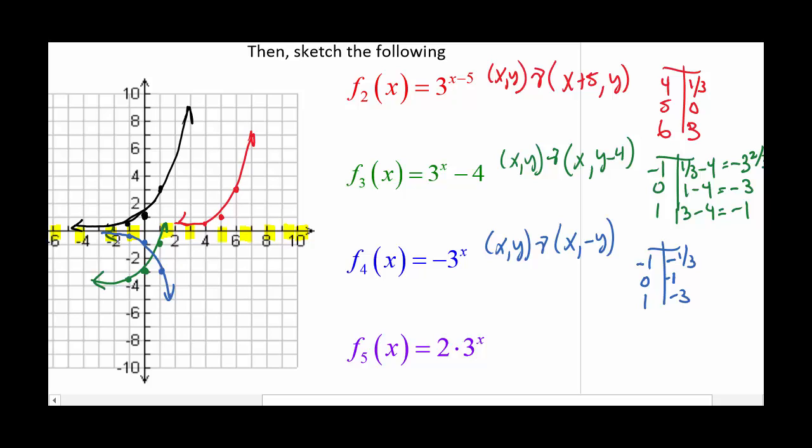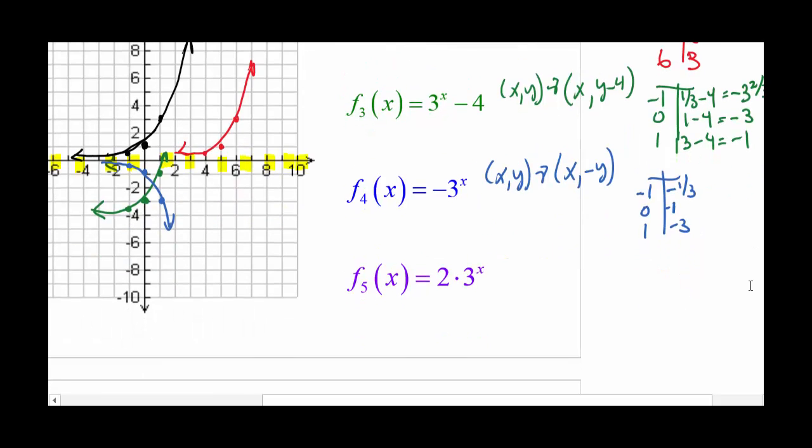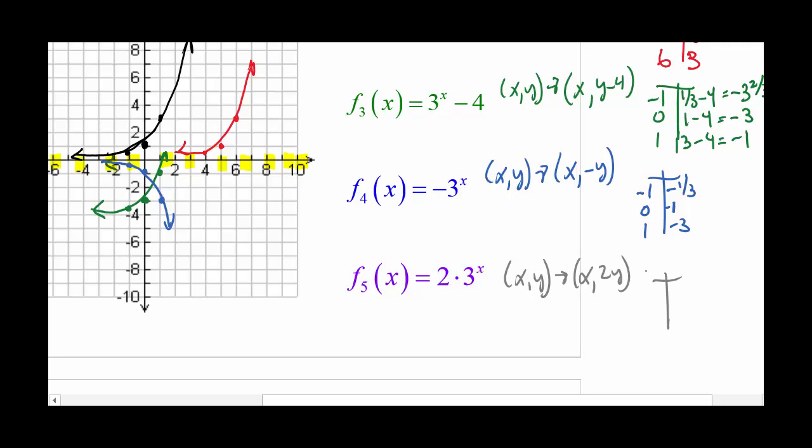And then here, let's see, we got one more transformation. I'm running out of colors. I actually don't have purple. That's not good. All right, so what's that going to do? We're multiplying on the outside, so that's going to change all of the y's. So x's stay the same. So negative 1, 0, 1.